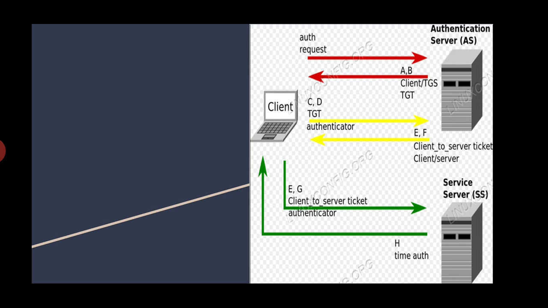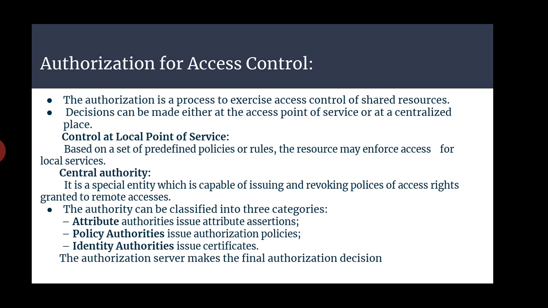Okay, and coming to the second one, authorization for access control. You have to control access by using authorization. Before we discuss authorization for access control, first of all, let me explain what authorization exactly is.